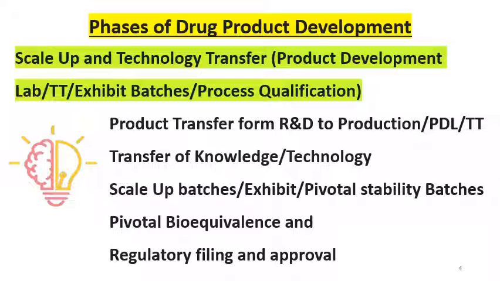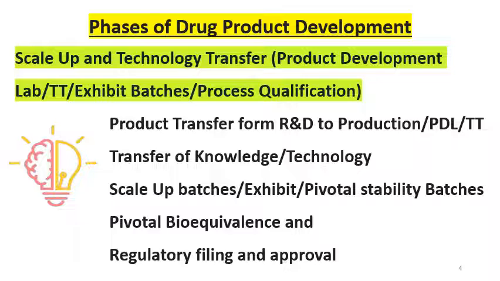Then comes the stage of product development lab TT, that is PDL or TT, and exhibit batches. It is also known as process qualification batches, where the robustness of the product is tested on 3 exhibit batches. For product transfer from R&D to production, sometimes a separate PDL lab or a separate TT lab or TT area is there, which is approved by the regulatory authorities.